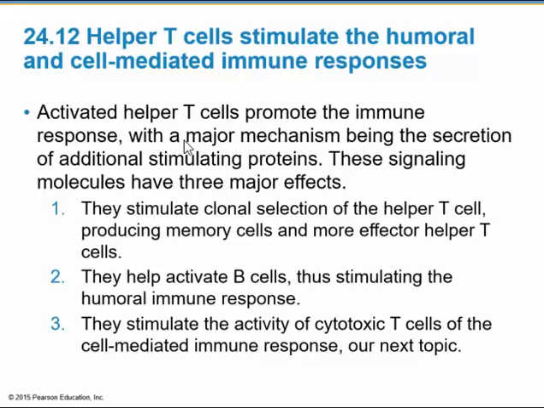It will release signaling molecules, and that will stimulate clonal selection of the helper T cell, producing memory cells and more helper T cells. And then at the same time, these stimulating proteins activate B cells, thus stimulating the humoral response, and stimulate the activity of cytotoxic T cells, which brings about the attack on the foreign invaders.